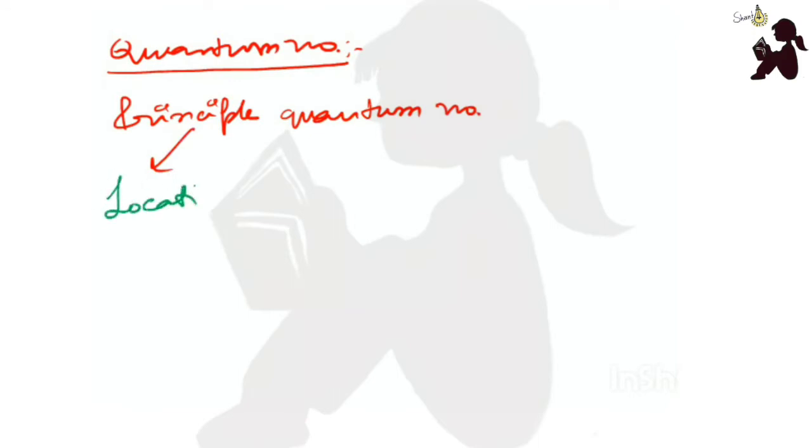So first is our principal quantum number. What does it indicate? First, it indicates the location of the electron.